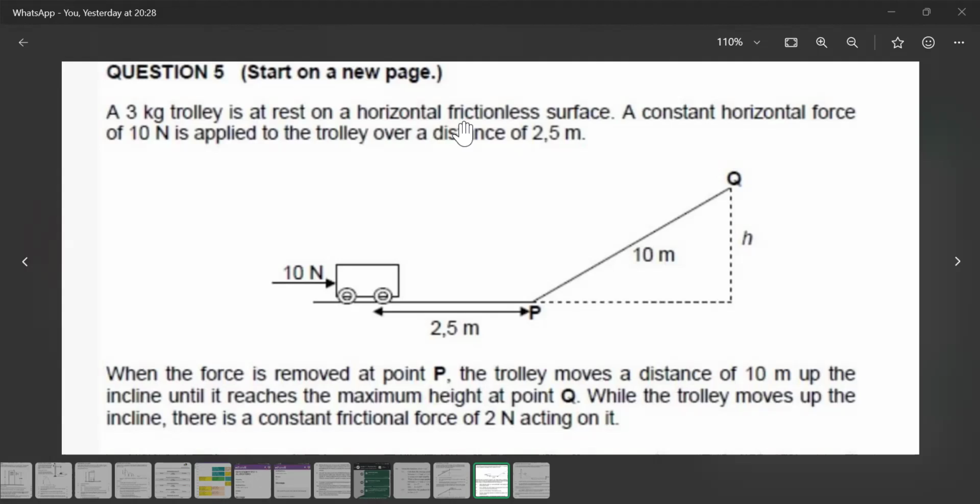There is no applied force, but there is frictional force. And frictional force is not the only one. There is also the parallel component of the gravitational force.